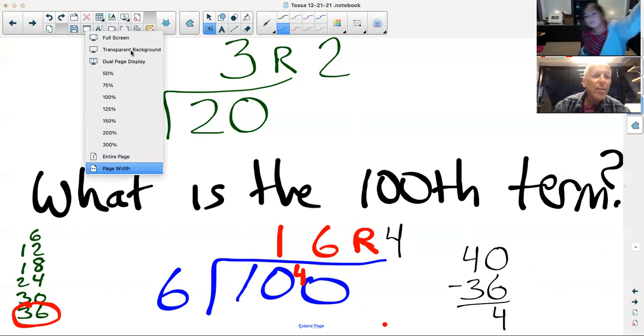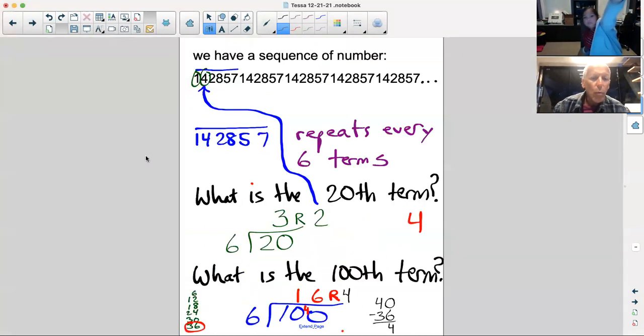And if the remainder is 4, what is the 100th term of this sequence? You know that 4 is a remainder of 2. This is a remainder of 4.